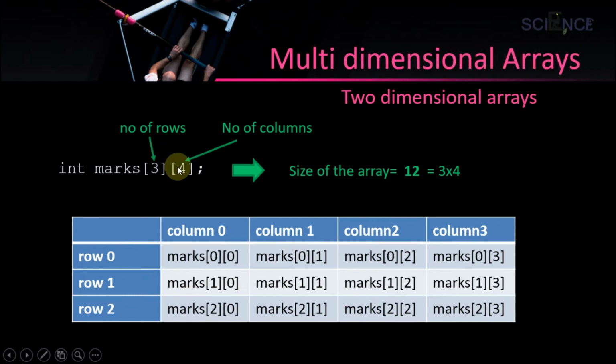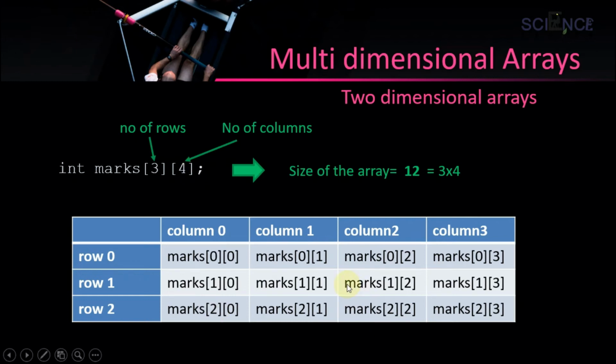It is up to you. You can decide what these square brackets represent. It will depend on your case. You can decide to use this square bracket as this and that square bracket as that, right? Here I have considered my first square bracket as the number of rows and the second square bracket as the number of columns, right?